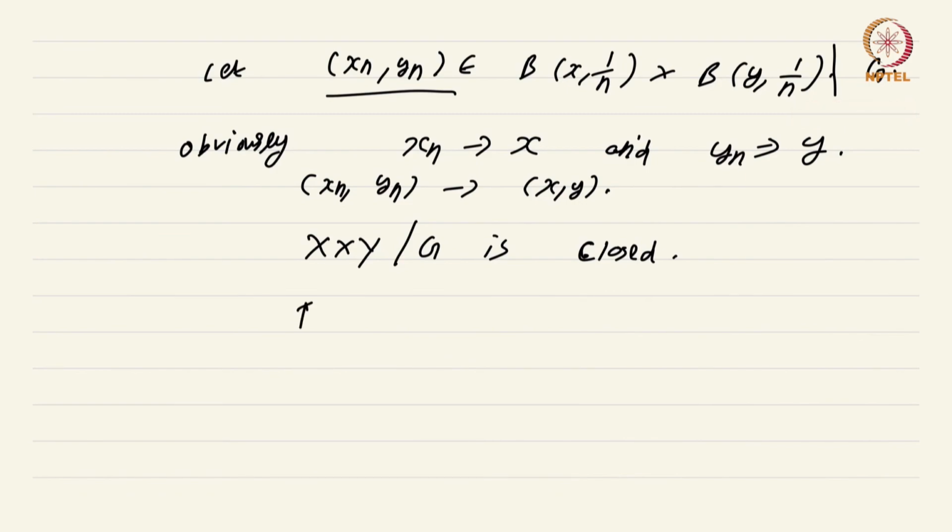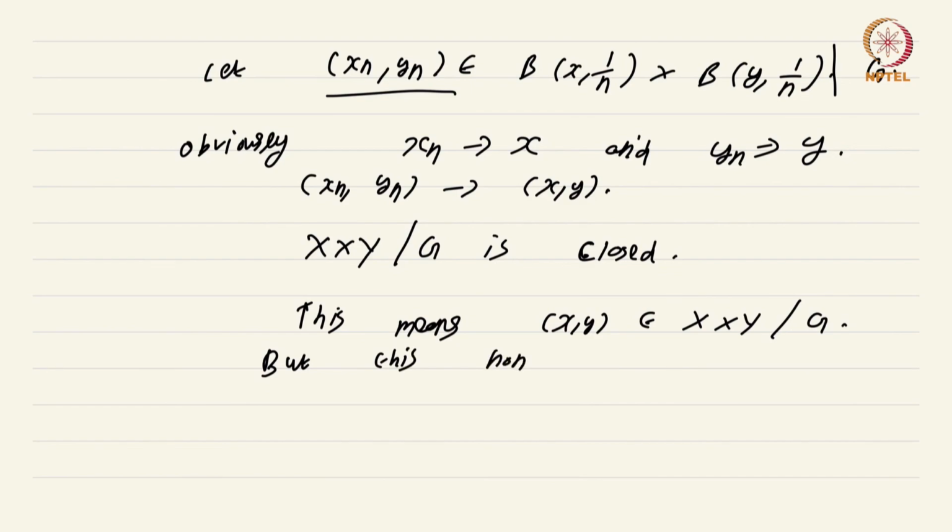This means (x, y) is an element of X cross Y set minus G, right? Because this is a closed set. But this is nonsense. We started off with a point in G, and we are ending up with the stupid conclusion that this point is not there in G. Okay, so this proves the theorem.